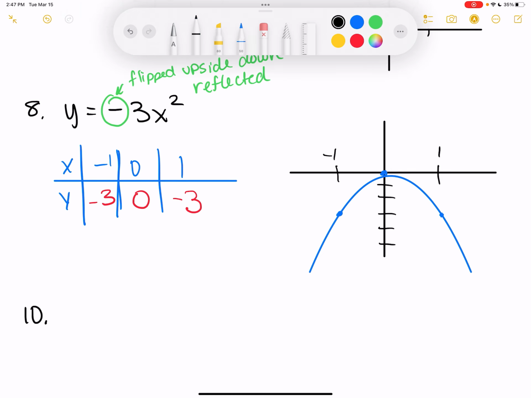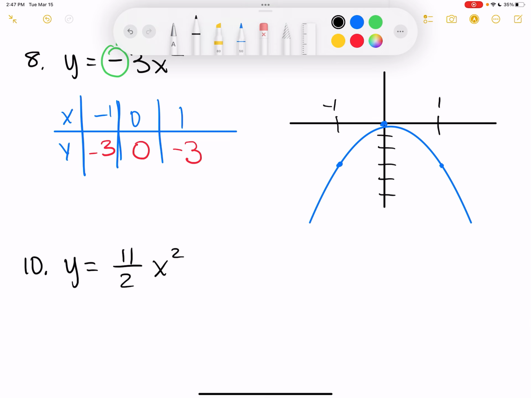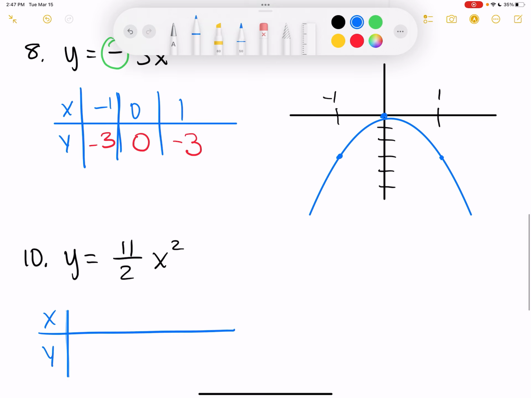Number 10. Y is equal to 11 over 2 times x squared. I hate multiplying fractions by numbers.